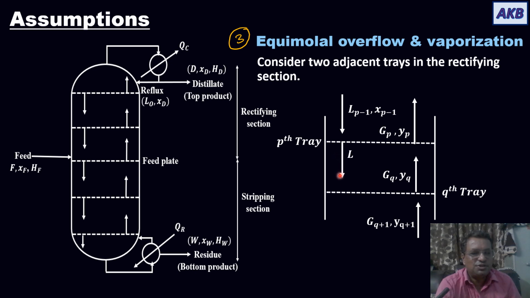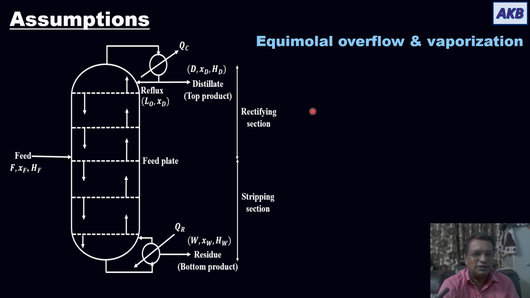Then the liquid stream leaving the pth tray will have a molar flow rate of L P and mole fraction of A in it will be X P. Similarly, the liquid leaving the qth tray will have molar flow rate of L Q and mole fraction of A, the more volatile component, in it will be X Q. So this is our schematic representation of the two adjacent trays that we are going to consider.